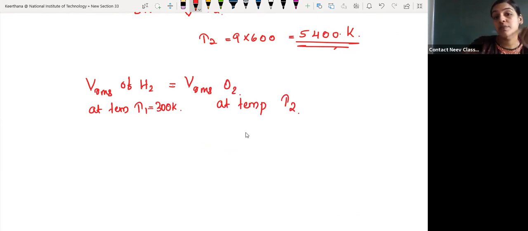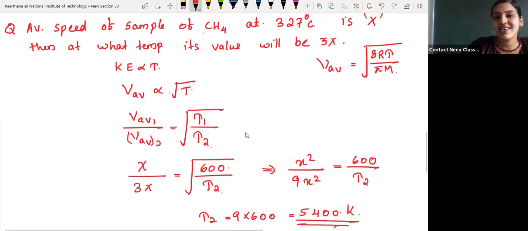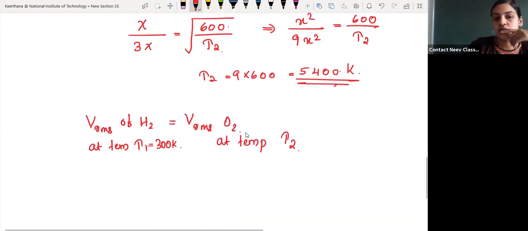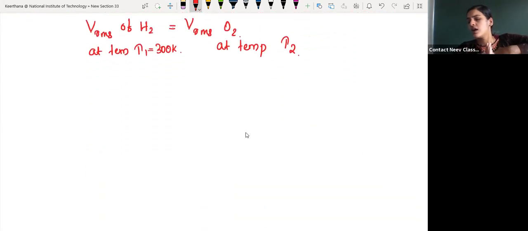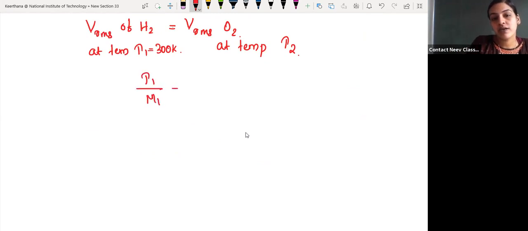No, the previous question was for a particular gas. So here, how will you solve this? Yes, equate both of them. That is fine. But I will write T1 by M1 is equal to T2 by M2.